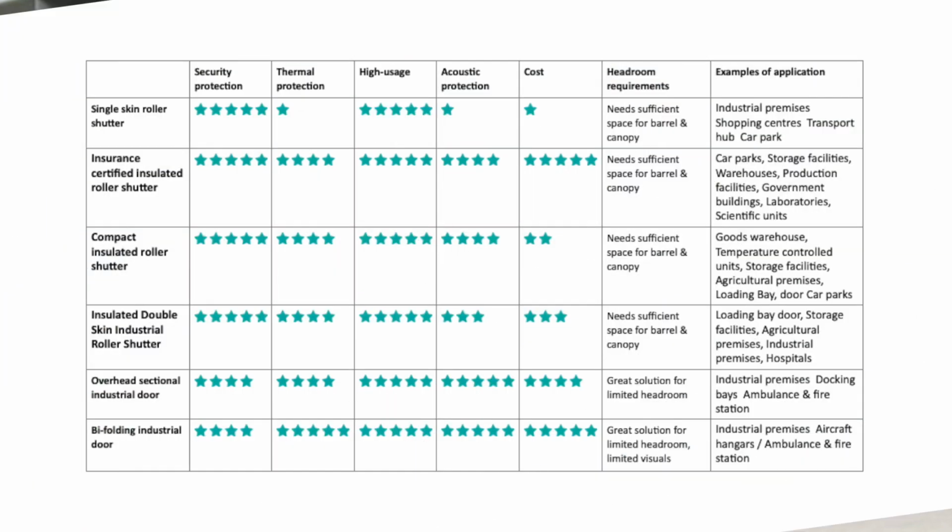Ranges of industrial doors include single skin roller shutters, Insurance Certified insulated roller shutters, compact insulated roller shutter, insulated double skin industrial roller shutter, overhead sectional industrial doors, and bifolding industrial doors.